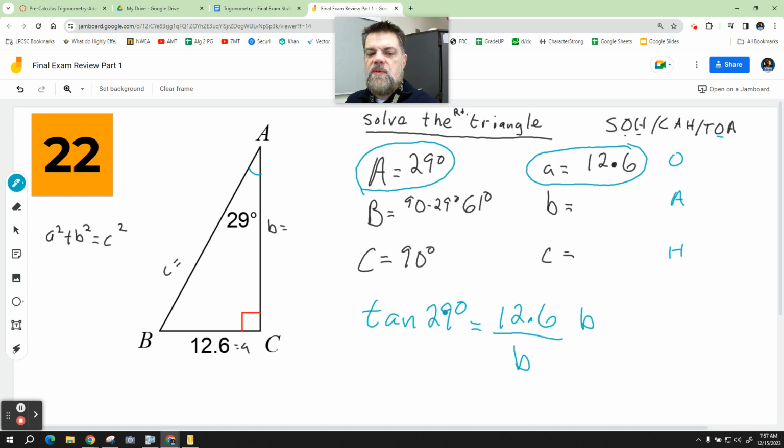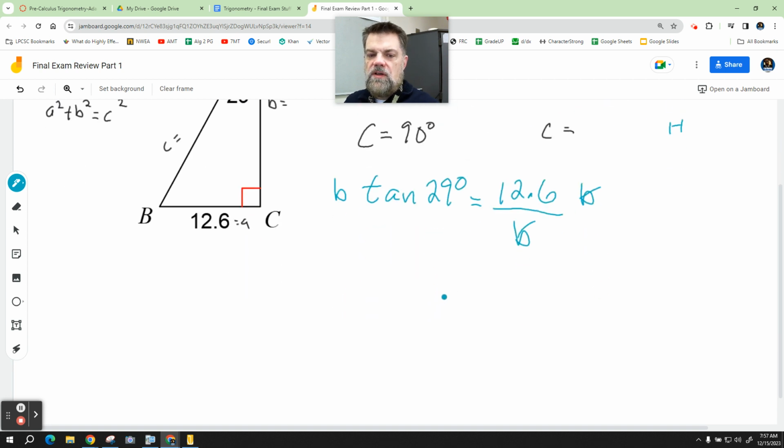Multiply both sides by lowercase b. These will cancel, and I get b times tangent of 29 degrees is equal to 12.6. So then to get b by itself, I'm going to divide by tangent of 29 degrees.